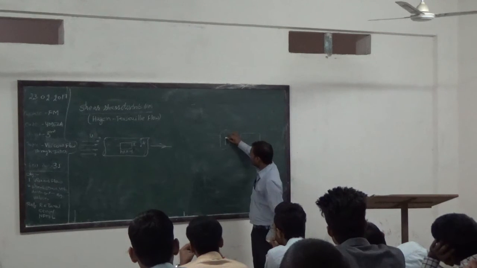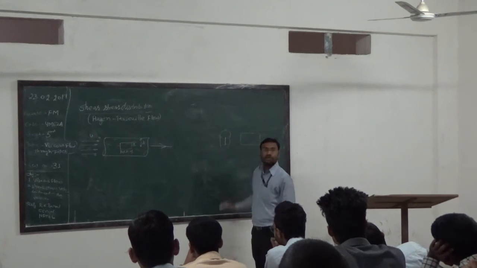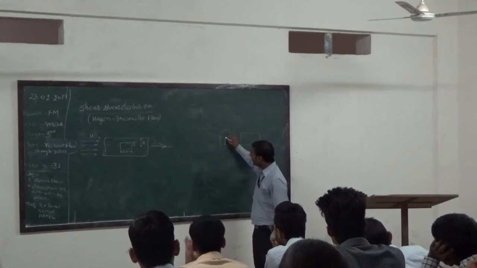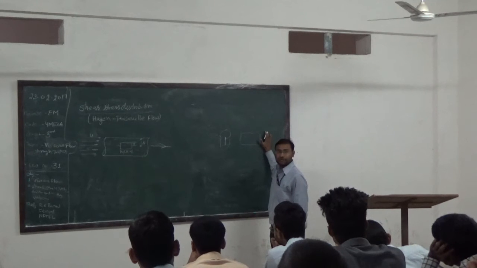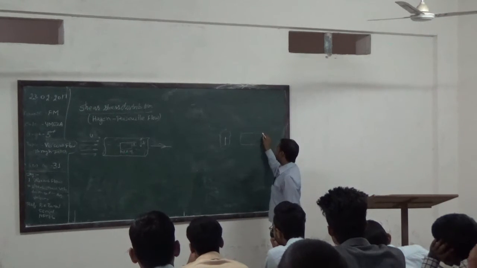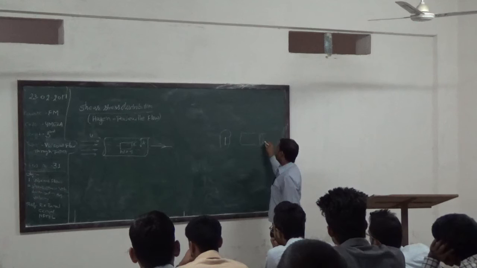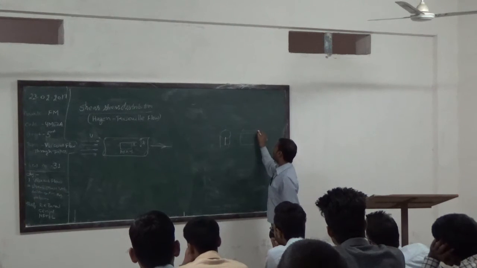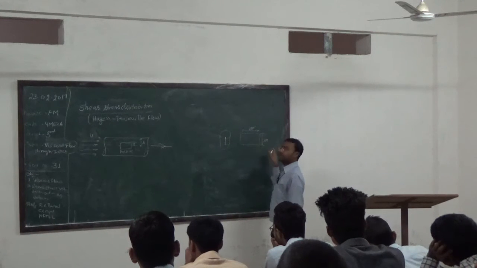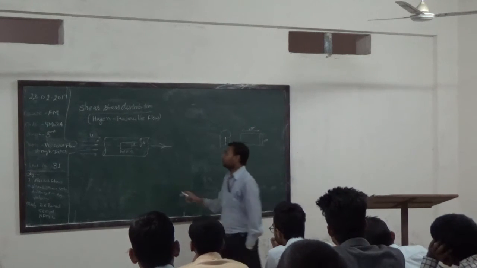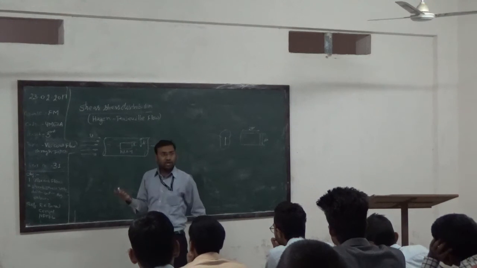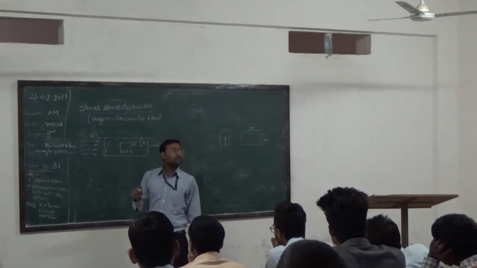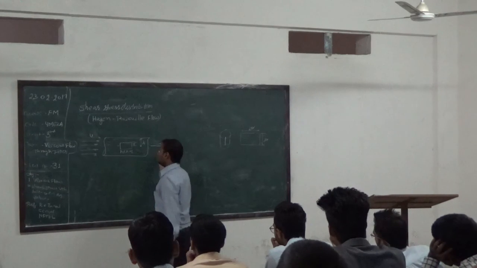If you cut this cylinder along its length and flatten it, it will become a rectangle. So this side is dx and the other is the total circumference 2 pi r. So the area is 2 pi r into dx, and with shear stress tau, the shear force will be tau multiplied by 2 pi r into dx.